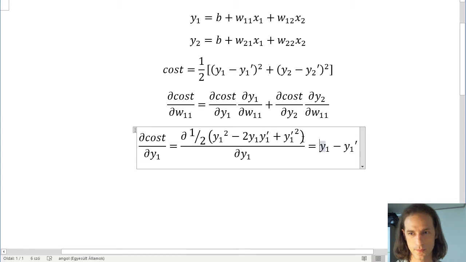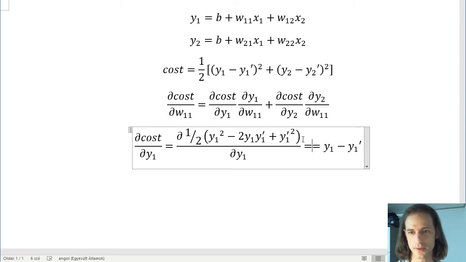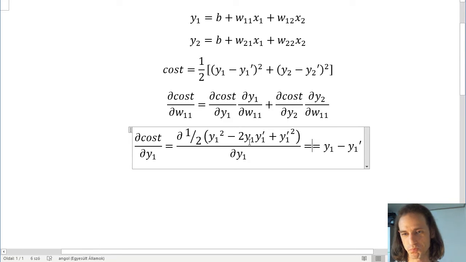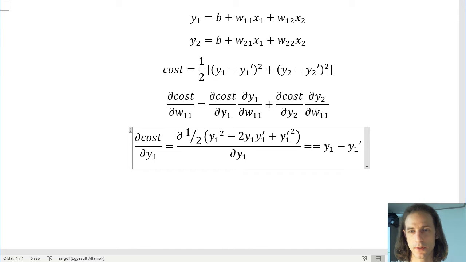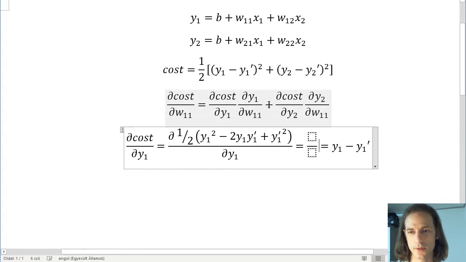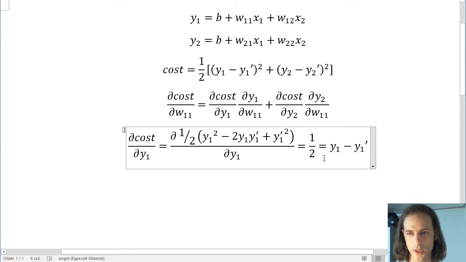So I did not write it out because it's very simple. There is a multiplication by a constant, so you can get the constant out to the front.